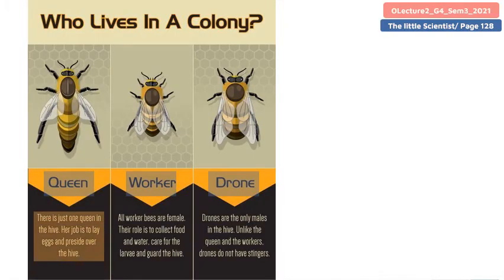The queen's job is to lay eggs. The worker's job is to care for the colony. Workers collect food, they care for the larvae, they guard the hive, they clean it, they care for the eggs, they care for the queen, they turn pollen and nectar into honey. The drone's job is to mate with the queen.